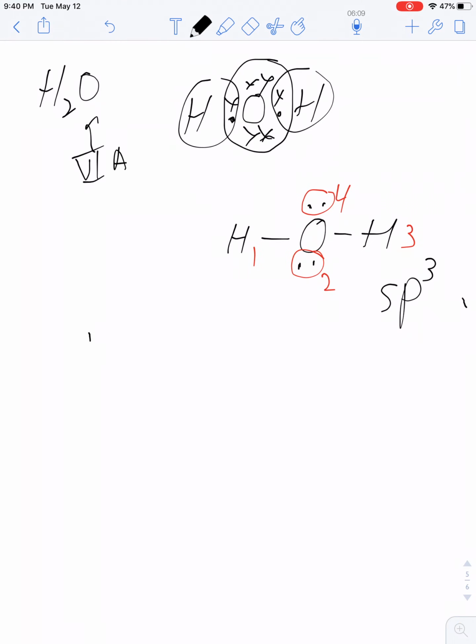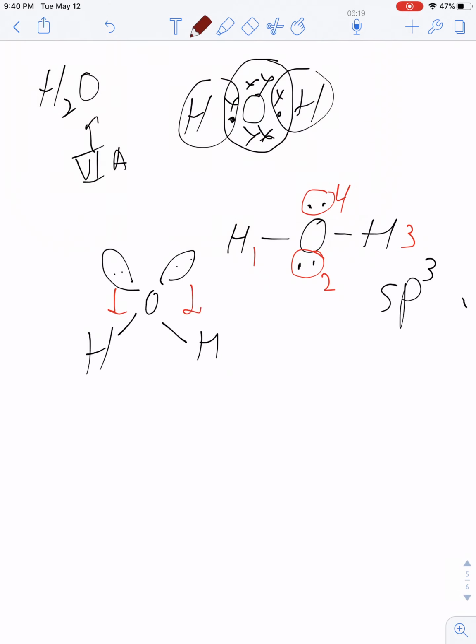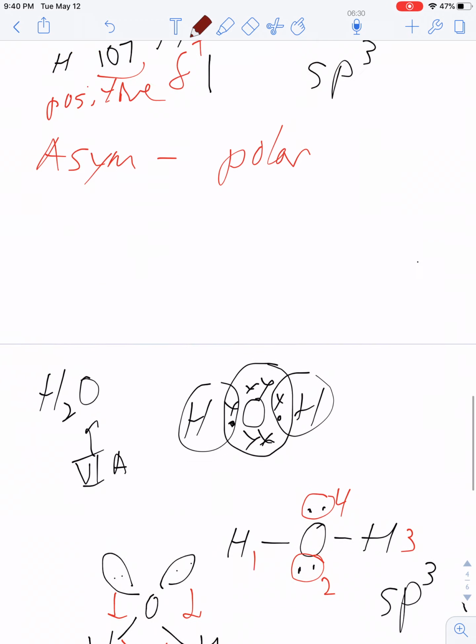So for water, you have 2 lone pairs, and both of these lone pairs push the hydrogens closer together, and so the bond angle becomes 105. Okay? So what is happening to the angle as we add lone pairs?